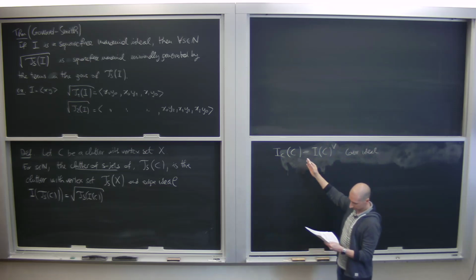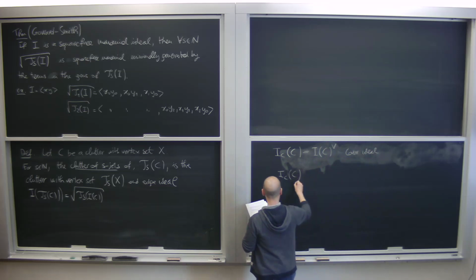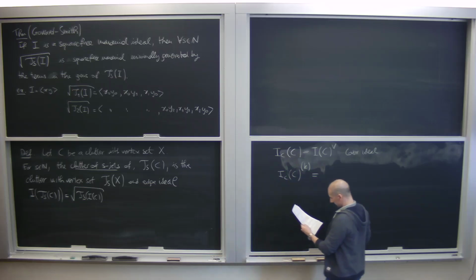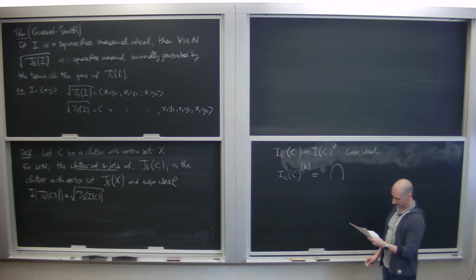But let me also give you an alternative version of thinking about that, and also its symbolic powers, which is what I care about next. So without giving you a general definition or reminding you how these work, I'll tell you what they look like for cover ideals of clutters.